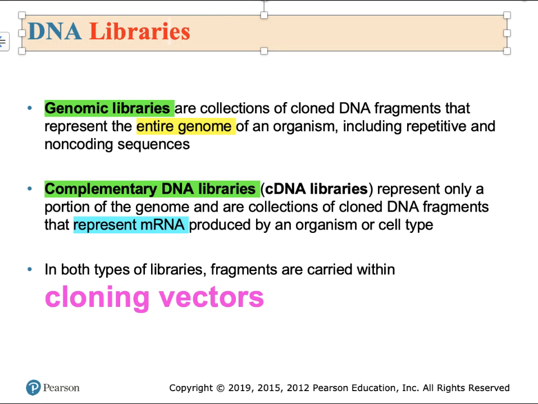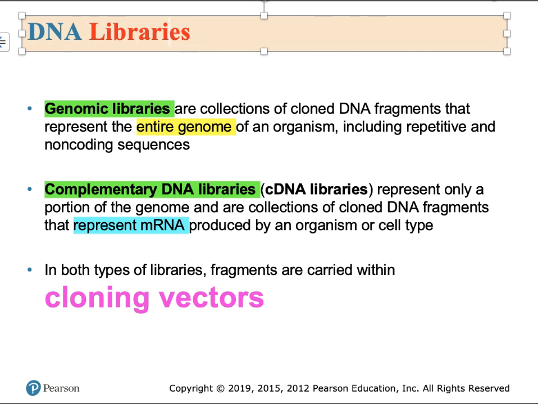And in the future, you could go and pick a clone that contains a particular sequence of mine and then grow that up in a flask and then perform some experiments in characterizing my genes. So genomic libraries represent the entire genome of an organism.